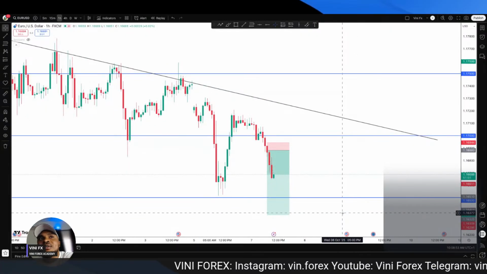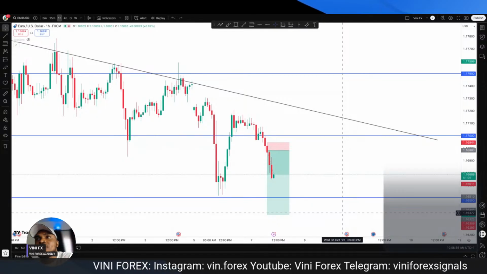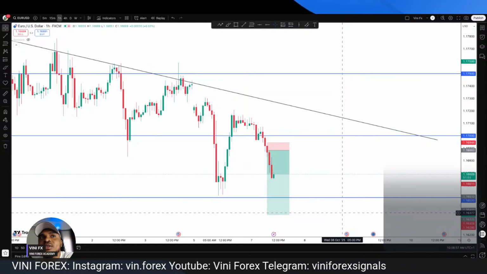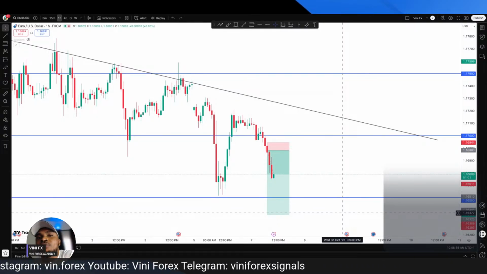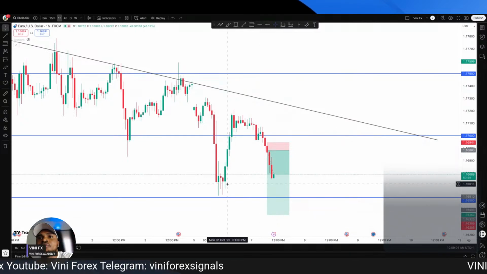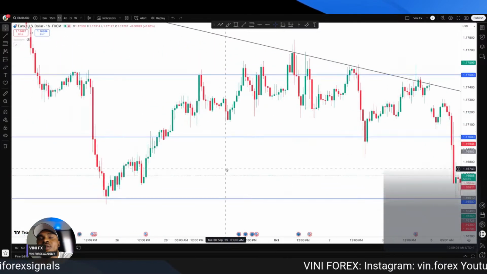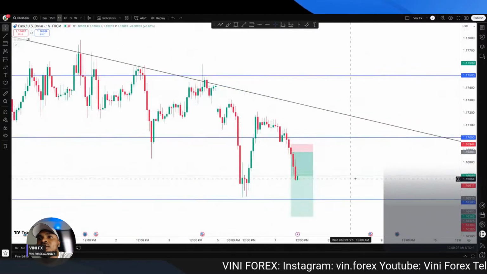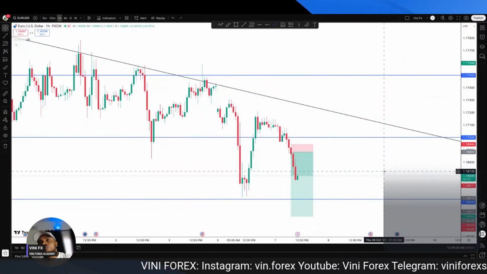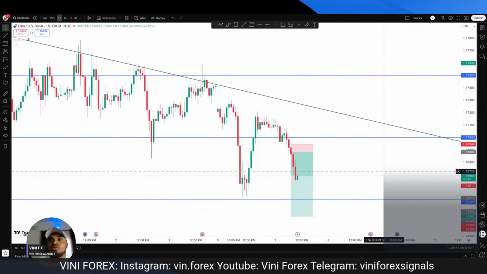Last time I explained what a trend is and how to identify the trend of a market. I also explained market structure. All of those things we have to apply today. Of course, I applied them before taking this trade. They helped my decision making. I took the right decision.